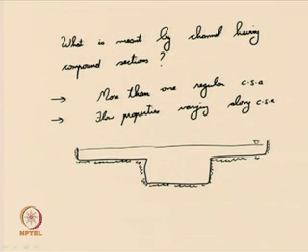If you demarcate these portions, you can consider this as area number 1, this as area number 2, and this as area number 3. You can now easily see 3 rectangular cross sections in this compound section.